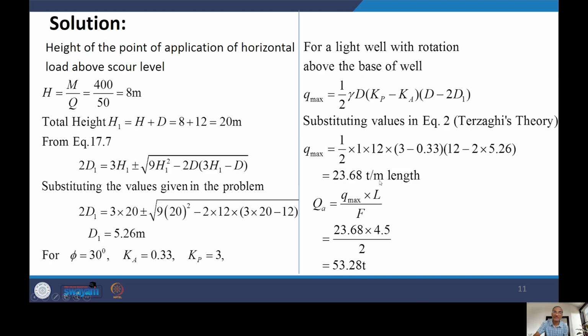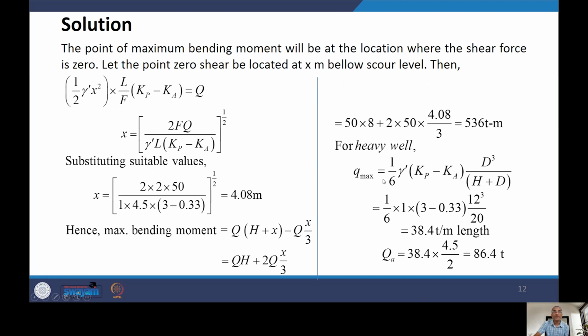Now this was the case when you are considering that the well is not a heavy well. For this case, the point of maximum bending moment will be at the location where the shear force is 0, and let the point of zero shear be at x meter below scour level.